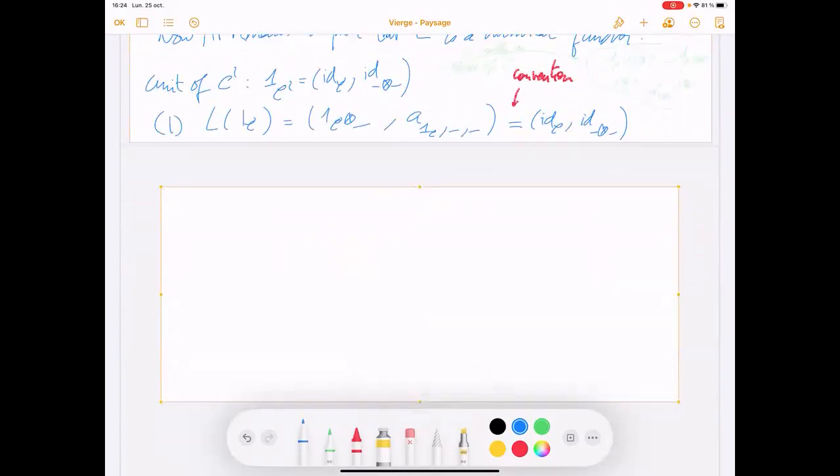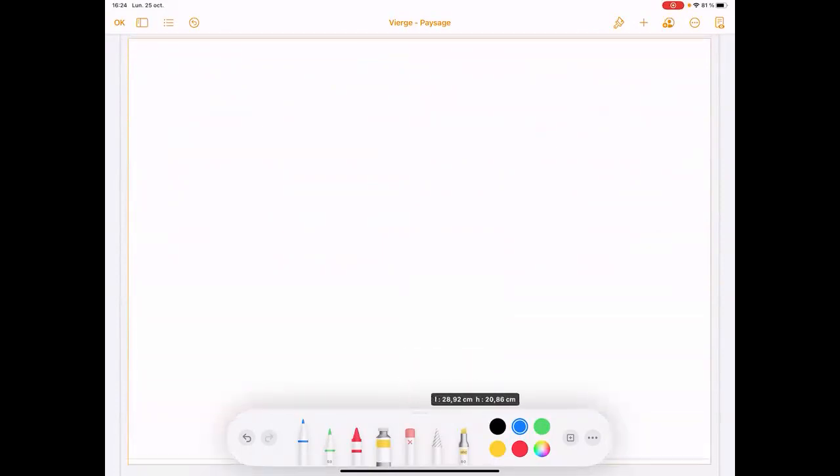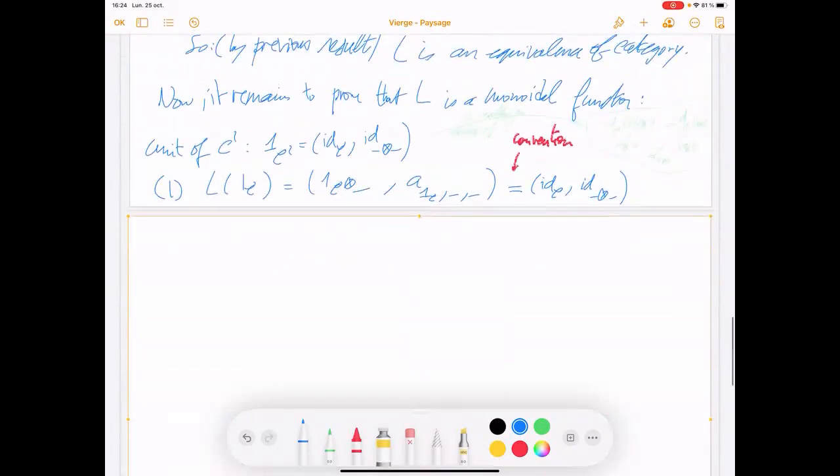So we checked the first axiom, the easiest one. Now, what about the second one? To be a monoidal functor. So now, monoidal functor. So let's show.